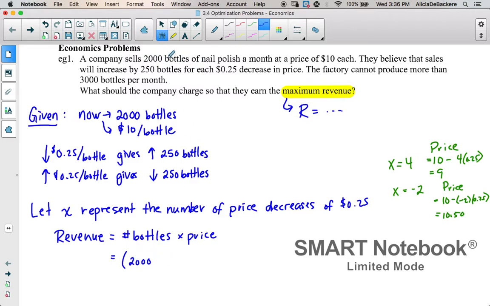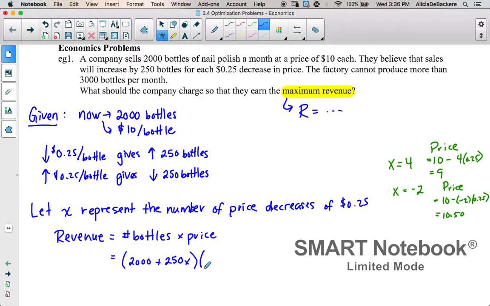That's my current. And I'm going to increase by 250 bottles for every time I decrease the price by 25 cents. So whatever that X value is, I'll multiply it by 250 bottles and add that to my 2,000 bottles.